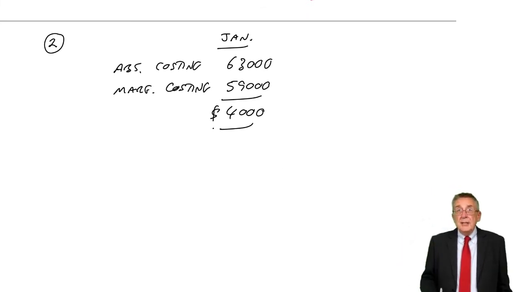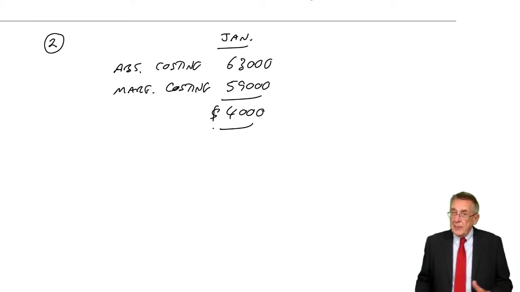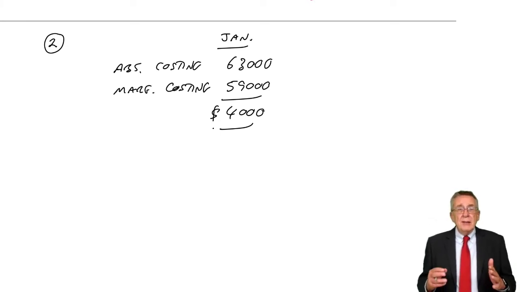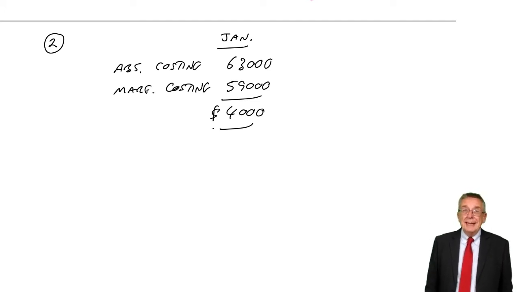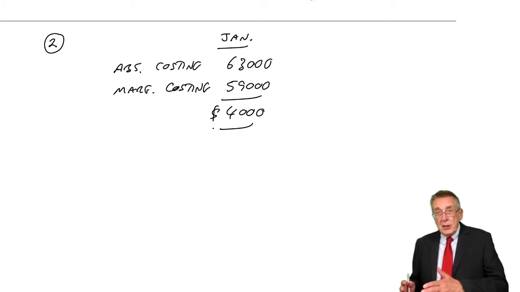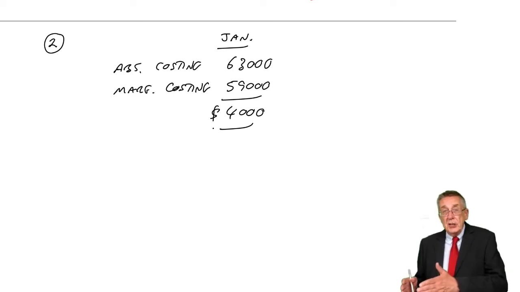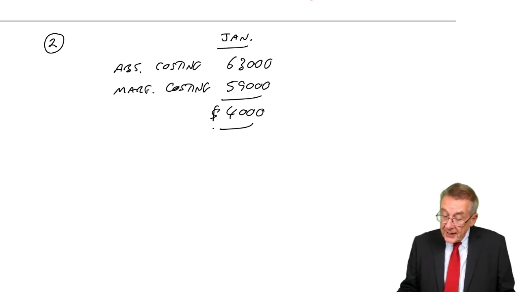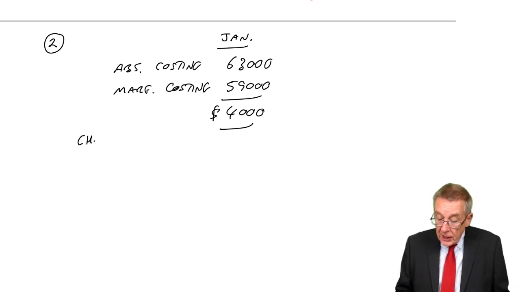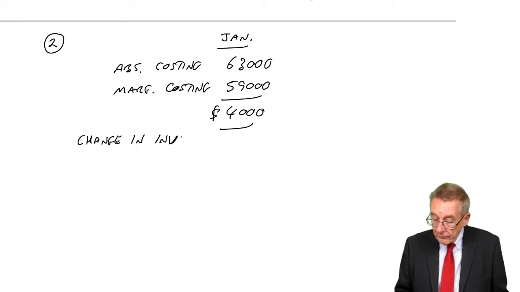Now, the only reason ever for the profit being different is because of the way we value the inventories, both opening inventory and closing inventory. And why do we value inventories differently? Absorption costing includes fixed production overheads, marginal costing doesn't. That difference is always the change in inventory multiplied by the fixed overheads per unit.